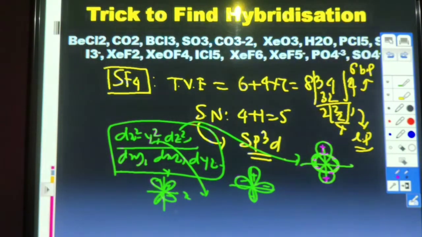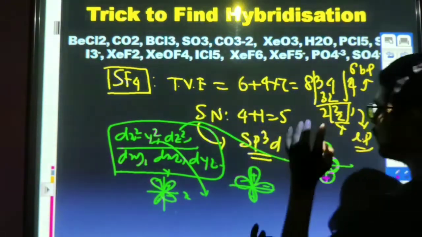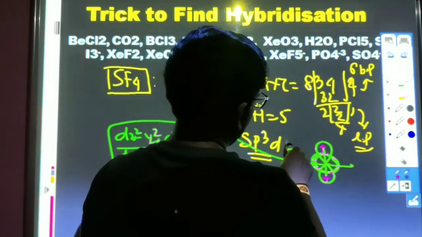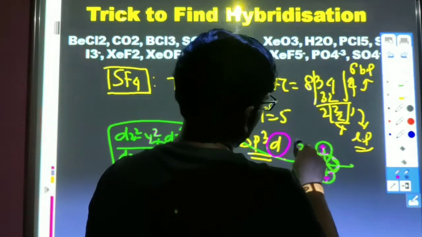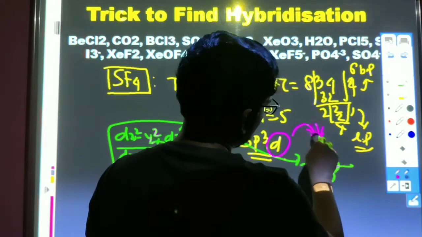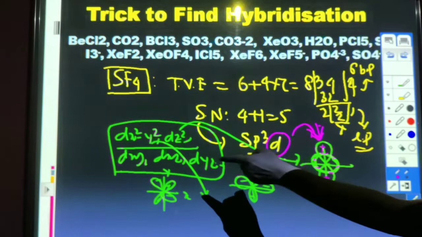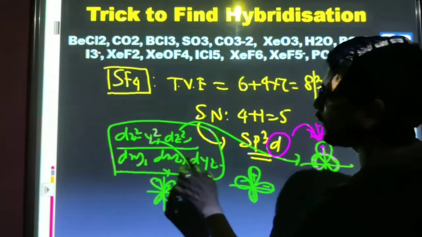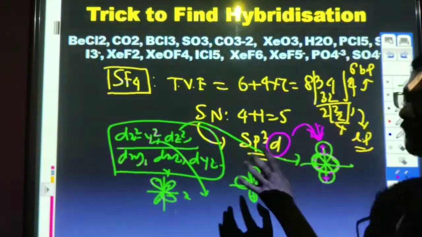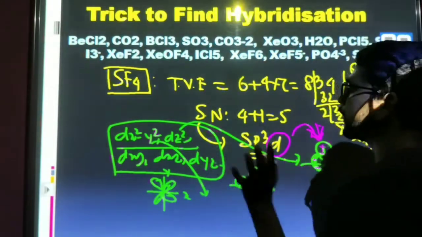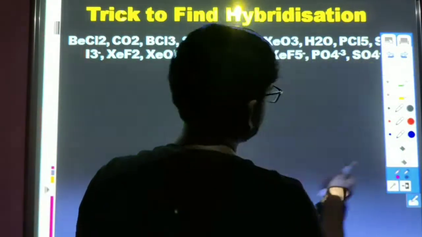Now which d orbital will be used for sp3d? For sp3d, this d is basically dz square. This d is basically dz square, not dx square minus y square or dxy or dxz or dyz. Remember that. Don't forget that. Okay, now next one.